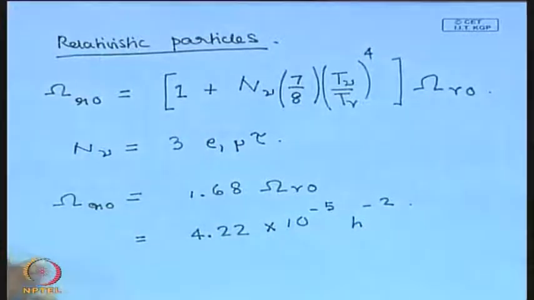Okay, so this is the total contribution from relativistic particles to the present energy density, matter density of the universe.